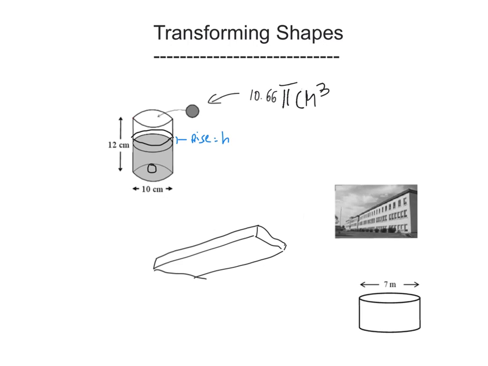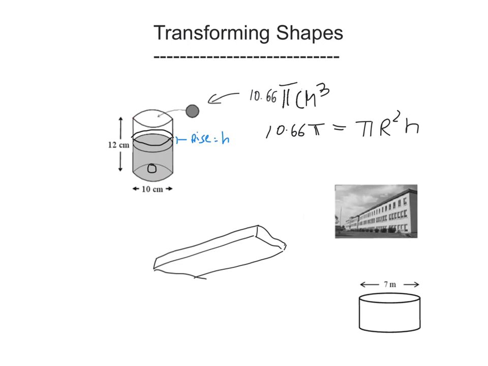And we're already told in the question what the volume of the ball is. It's 10.66 pi cm cubed. So we can therefore say that the volume of this, what is a cylinder shape, this risen water here, the volume of that is going to be equal to 10.66 pi cm cubed, because that has to be equal to the volume of the ball.